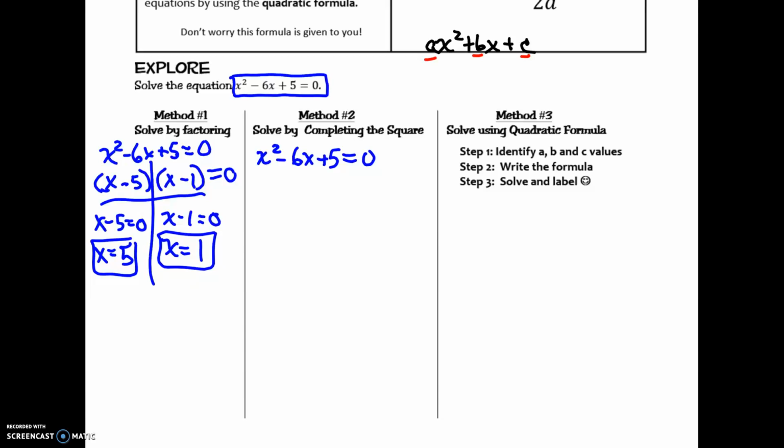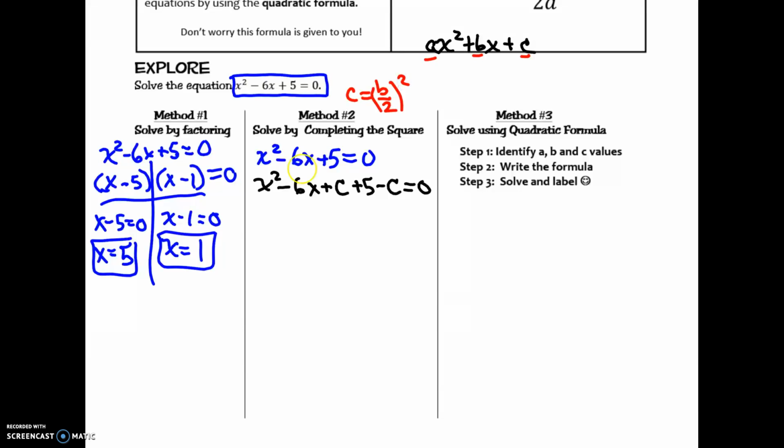So here's my equation. I'm going to take x squared minus 6x plus c plus 5 minus c equals 0. Now to figure out what that c value is, I need to remember that c is equal to half of the b value squared.